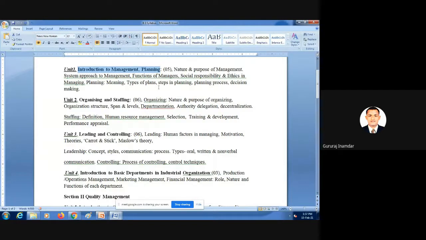Suppose we take a startup industry as an example. We have already planned the location of that industry, the employee recruitment, the financial aspects, the marketing aspects, and the environment and infrastructure.